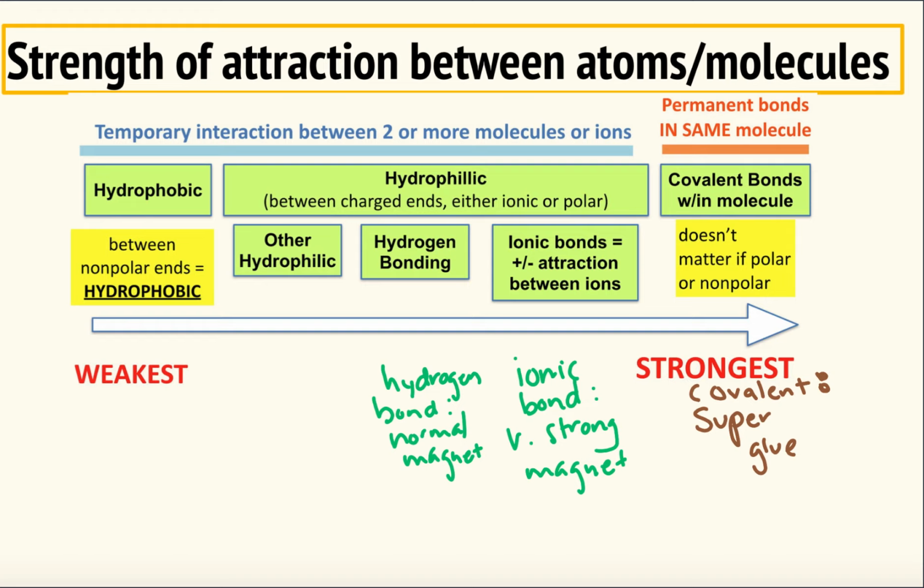And then other hydrophilic interactions, there's all kinds. Polar ionic would be somewhere between a hydrogen bond and an ionic bond. But the one that we tend to talk about most when we talk about other hydrophilic bonds is bonds between polar substances that don't have hydrogen in both.